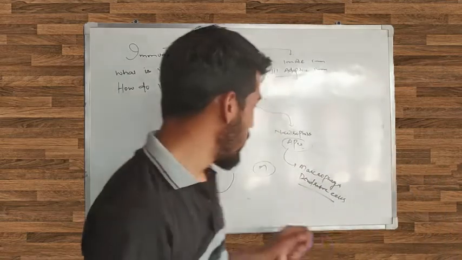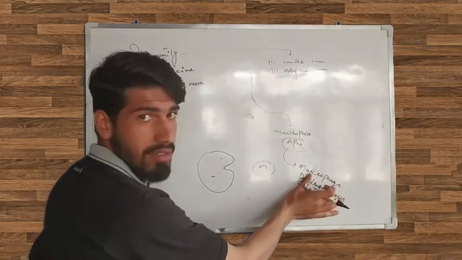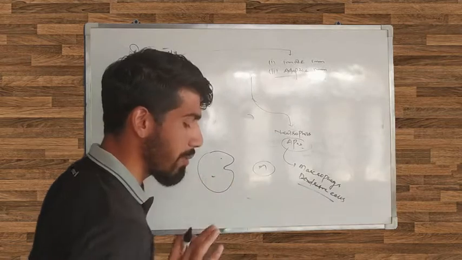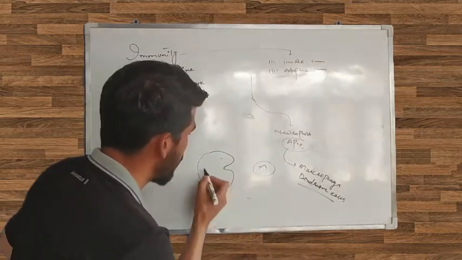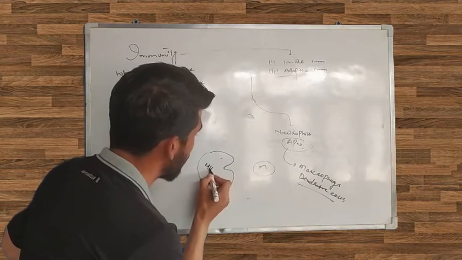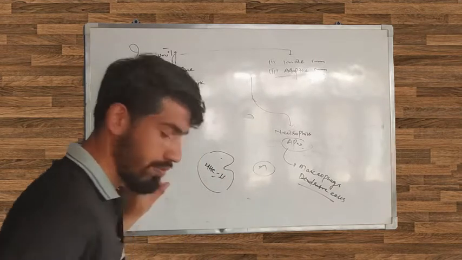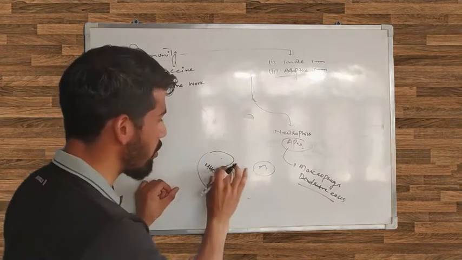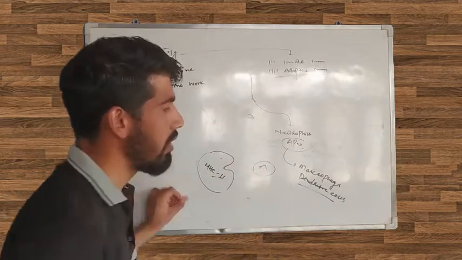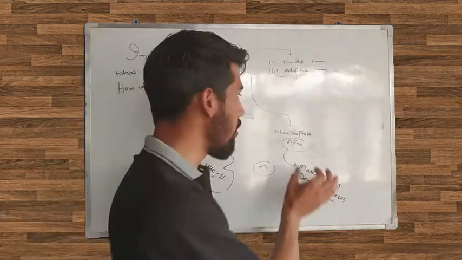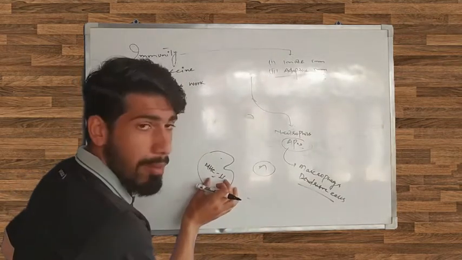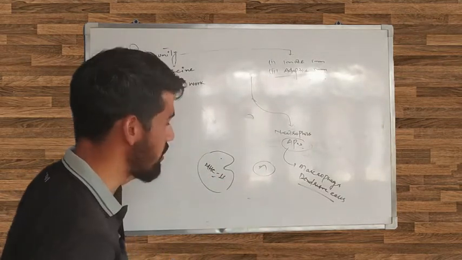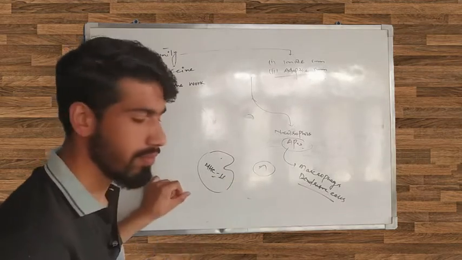How? In these APCs, there are specific molecules called MHC class 2. These are specific molecules inside the antigen presenting cells, and that's why we call them antigen presenting cells. So what is the job of MHC class 2, major histocompatibility class 2?